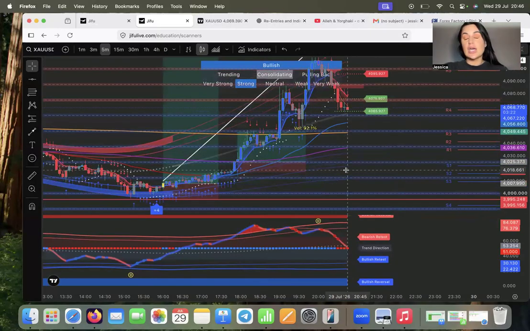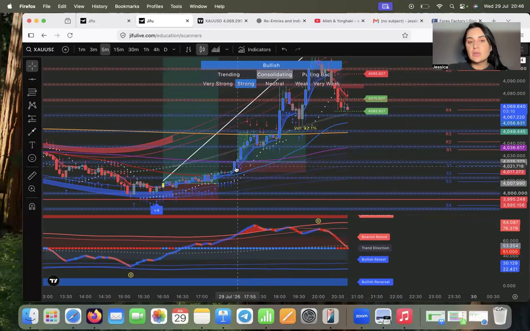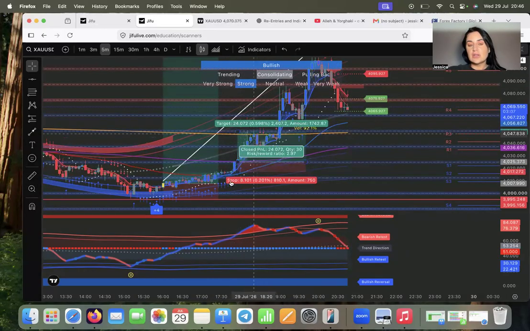Obviously with scalping, you don't necessarily have time to put an SL in, but that's advanced. The reason I've put it at the bottom of the engulfing candle is that it would have told me bullish, trending very strong, because the move is going that way. Then I would have put my SL there, and the reason I needed to put my SL in is because I needed to go risk free.